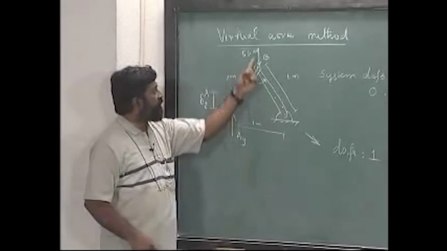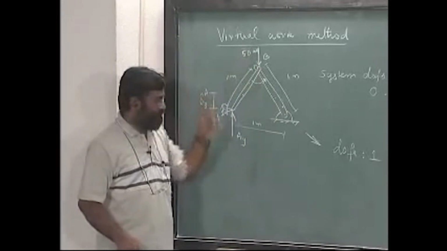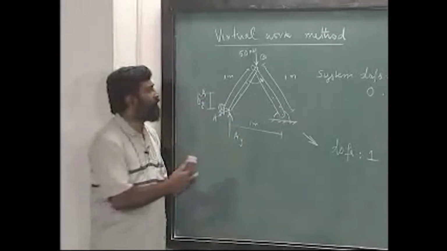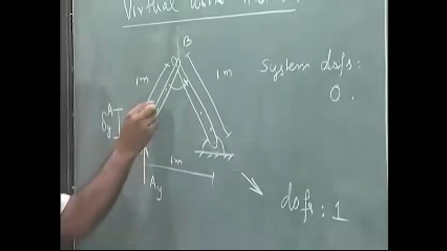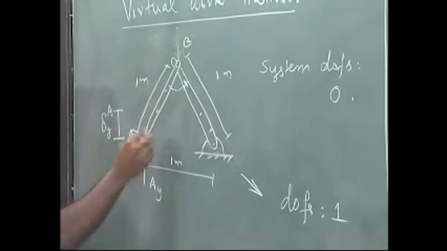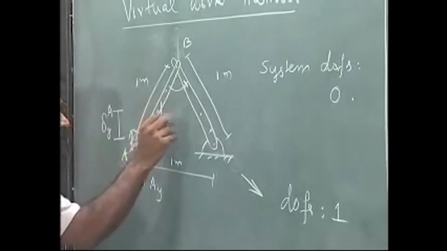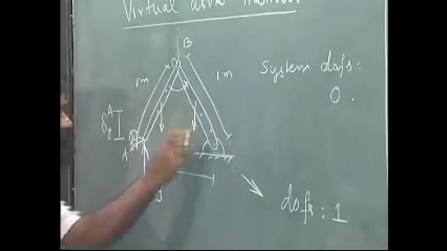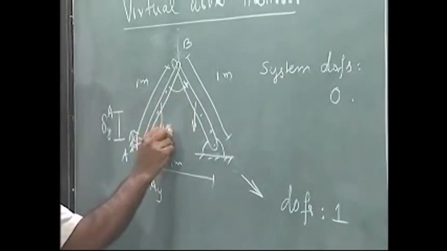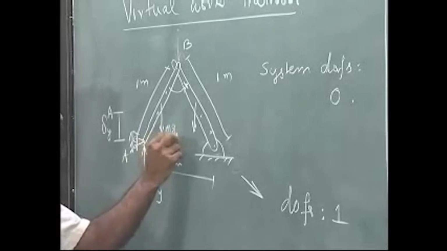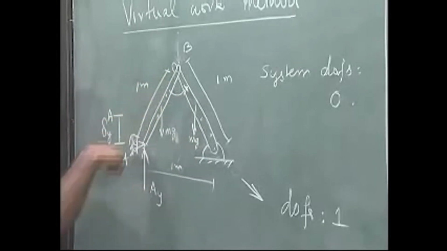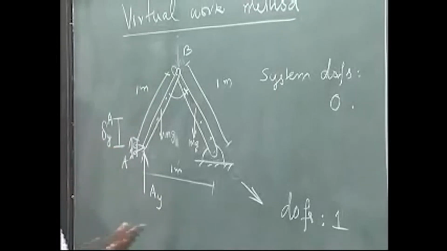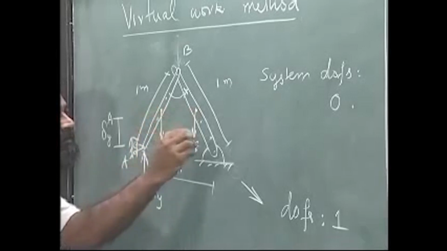For example, here I have a 50 kilonewton force. Let me change it a little bit so that it is easy for you to comprehend. Let us say there is only the self weight, for which I want to find out. There is a self weight here, I am just using the center of mass here. So, this is mg1, mg2. In this particular case, since they are the same length and let us say mass per unit length is the same, I will write it as mg acting at the center.